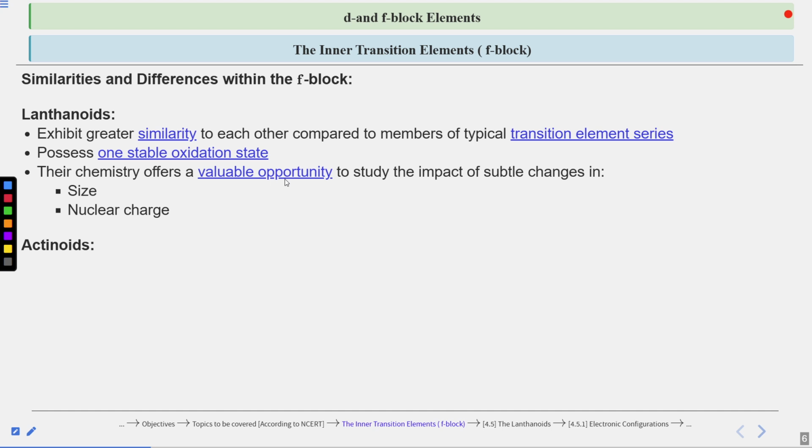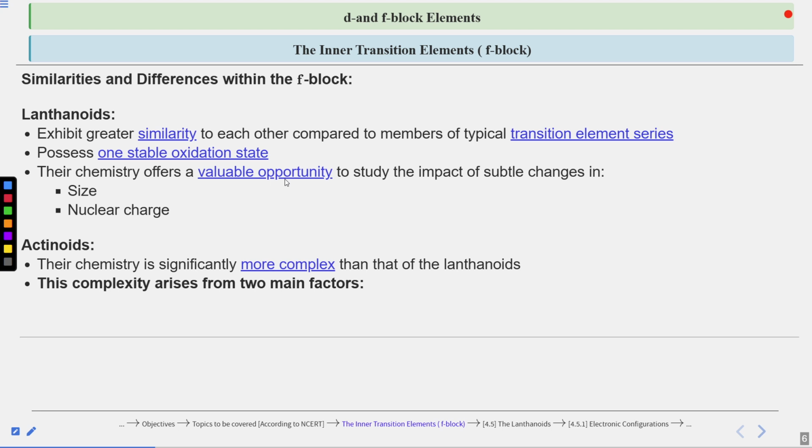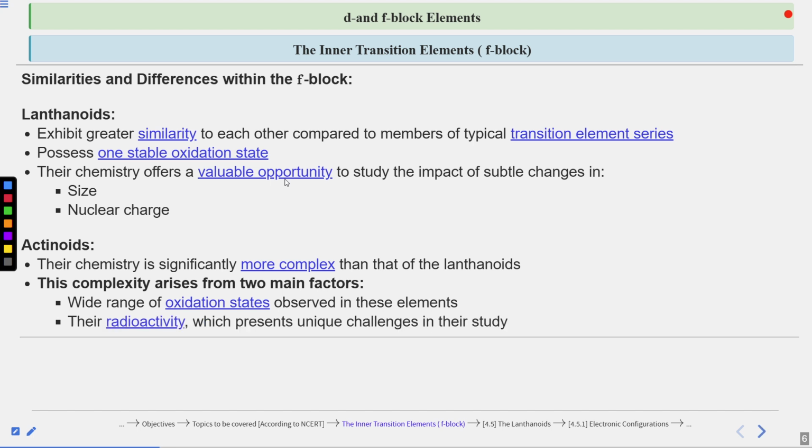Next, the actinoids: their chemistry is significantly more complex compared to the lanthanoids. This complexity arises from two main factors. The first is the wide range of oxidation states observed in the actinoid elements. Secondly, their radioactivity, which presents a unique challenge in their study.